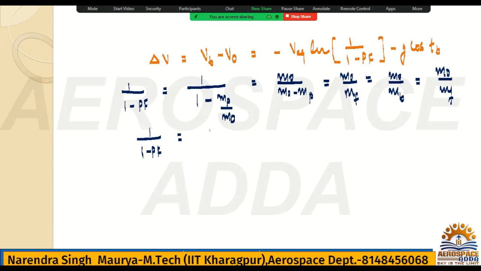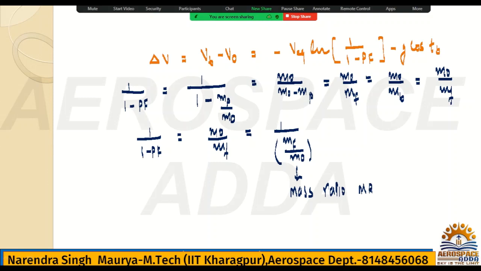You can write M naught by MF, and this you can also write as 1 upon MF by M naught. If you remember, this was the mass ratio. It is called mass ratio.